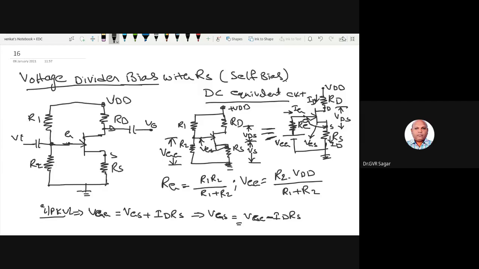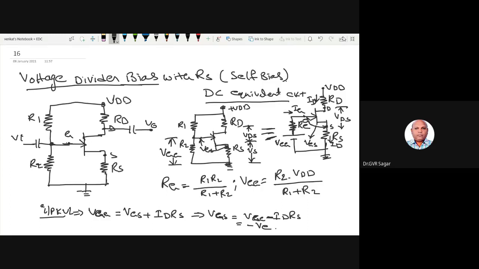We have to take this combination of resistance values in such a way, because the gate junction is always reverse biased here. The drop across RS, IDRS, should be more than VGG. This should always be a negative value, and only then will the gate junction be in reverse bias. That is the condition we have to consider.